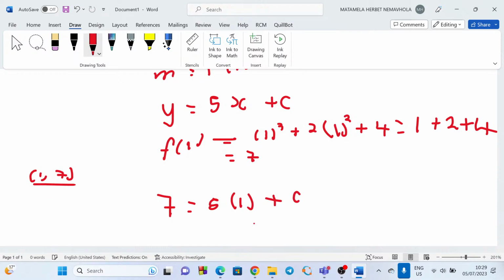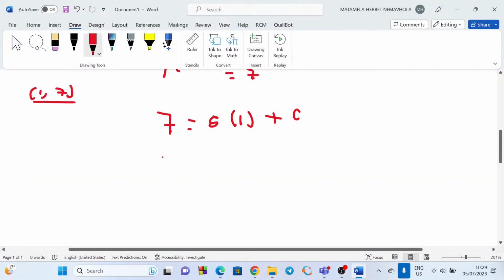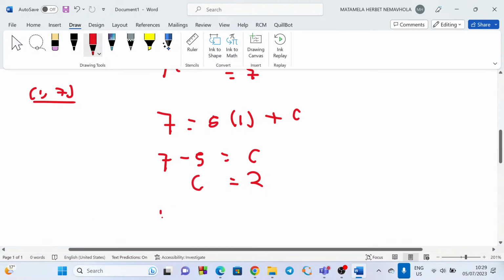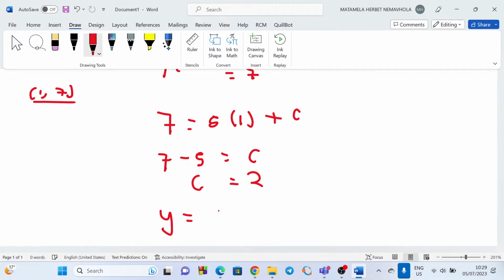C, plus C. So when we do that, you take this 5 to the other side, it's going to be minus 5 equals C. So our C equals 7 minus 5, which is 2. So our tangent equation will be y equals 5x plus 2.